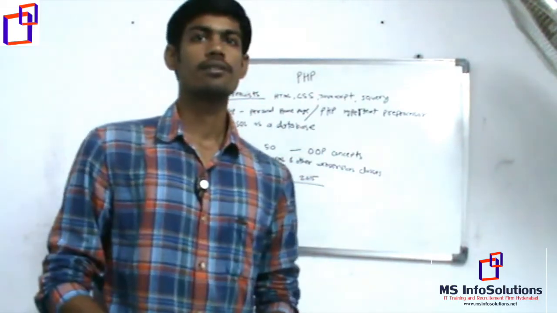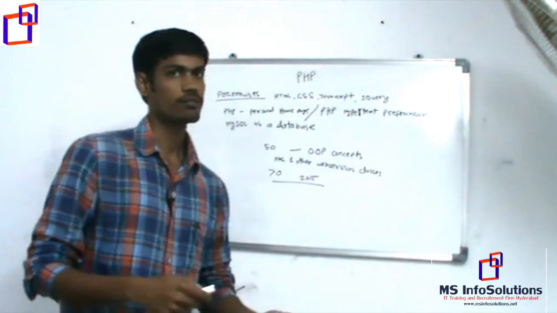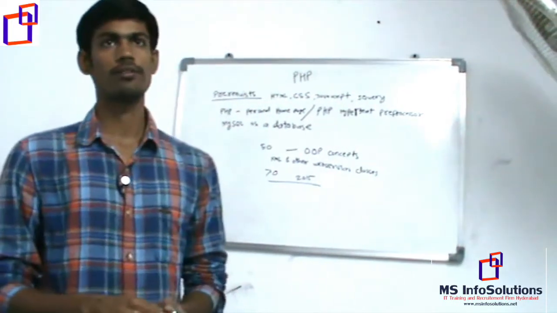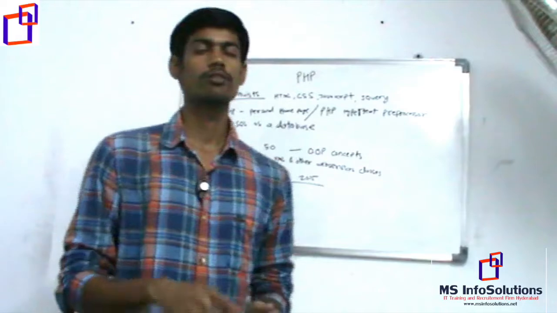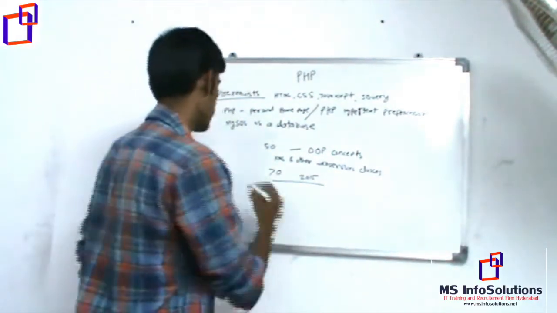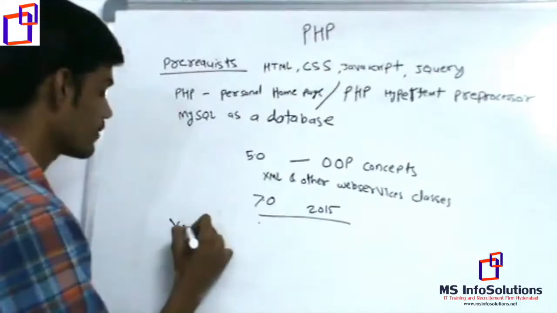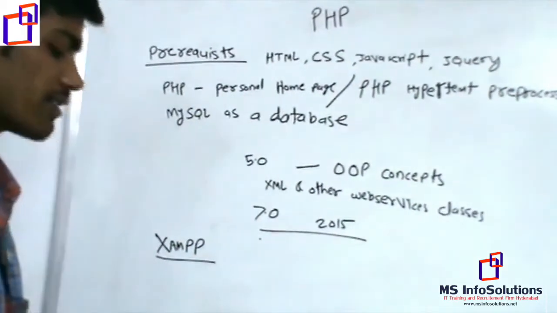There are variables in PHP. Before we go to that, you have to learn some tools, whatever tools you have to install on your computer, so you can easily understand that. So the tools required for PHP are XAMPP. So basically, what is XAMPP?